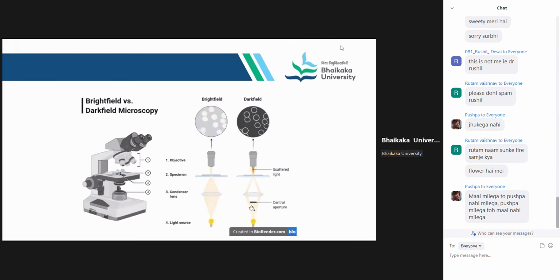Whereas in dark field microscopy, the light is obstructed, and it will pass through a small annular ring and be imparted on the specimen, so that there will be scattering, and against the dark field the object will get illuminated, and we can see the detail of the object.